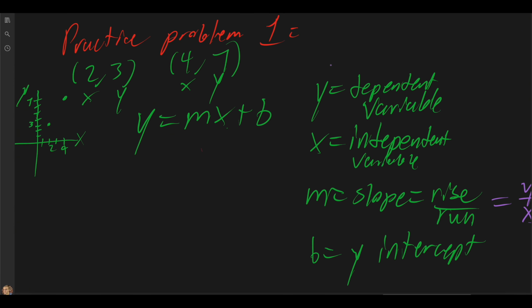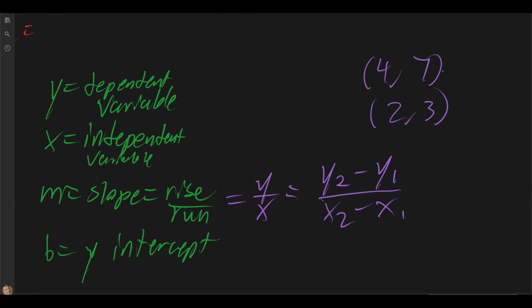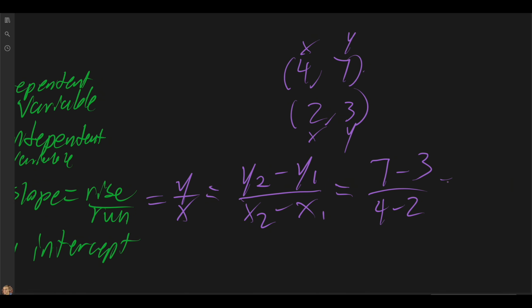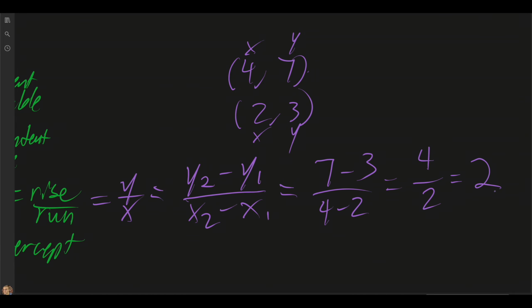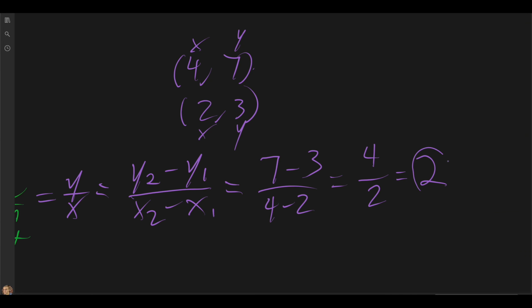We already know that 7 is y, 4 is x, 2 is x, 3 is y, and we can write the equation as 7 minus 3 over 4 minus 2. Now we know the slope, when we subtract, is 4 over 2, and 4 divided by 2 is equal to 2. So our slope is going to be 2.